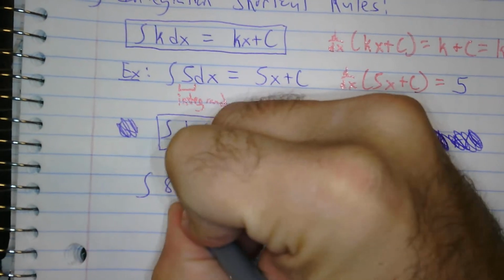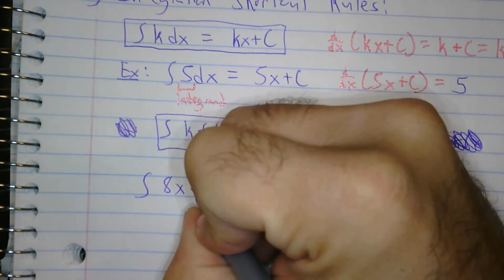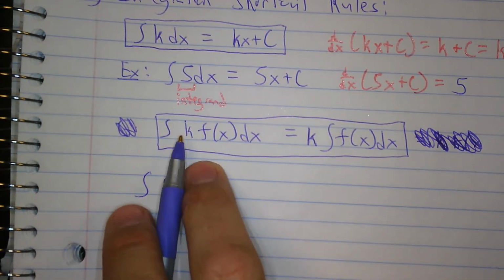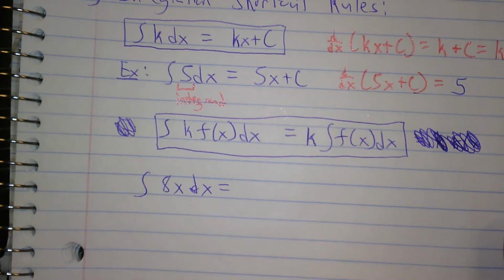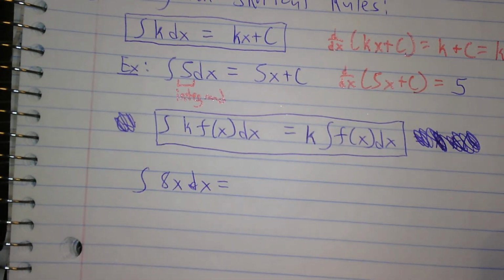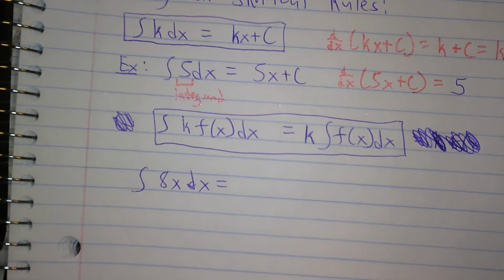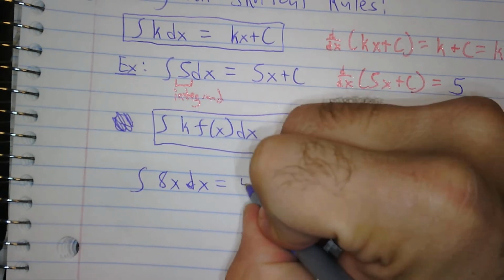If I have something like 8x dx, well, I could pull out the 8 if I want to. For sure, I could do that and then integrate. Or I could pull out part of the 8. I'm going to choose to pull out part of the 8. Watch.